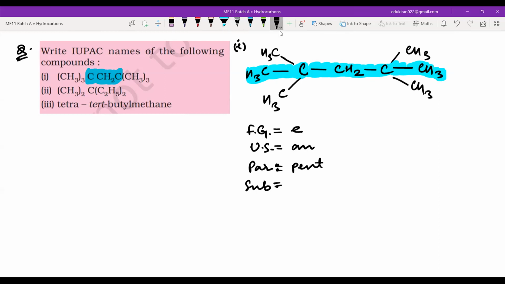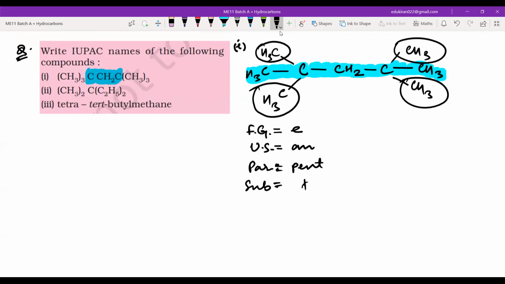And then we have the substituents. These are the substituents. All of the substituents are methyl, and how many methyl? 4 methyl. So tetramethyl. If I want to number it, I can start from here: 1, 2, 3, 4, and 5.